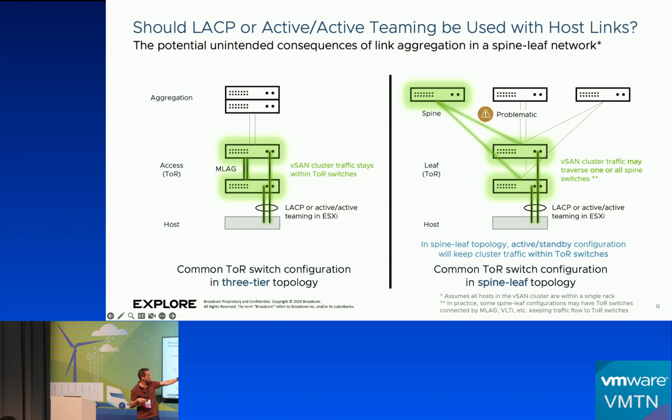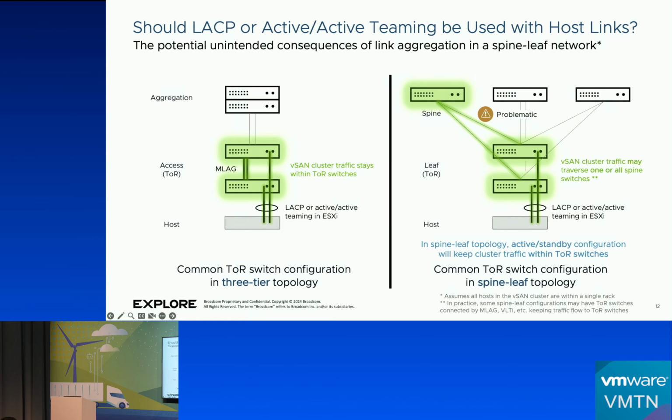But if you have active uplinks coming from the host, it's going to use this interconnect to satisfy the actual communication. But in a spine leaf topology, there's no guarantee that there's an interconnect. In fact, that's the whole idea about a spine leaf network, it's a non-blocking network so that you don't have to run things like spanning tree in order to prevent these loops.